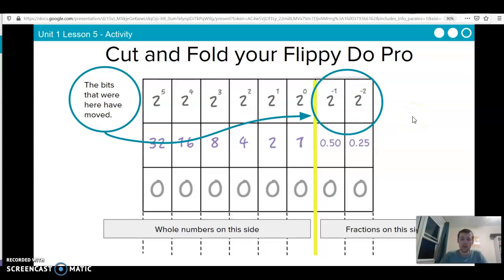In the binary system, we will be using 2 to negative powers to create our place values past the decimal point. So in decimal, if you think about it, our tenths place is actually 10 to the negative 1, just to the right of 0, right?